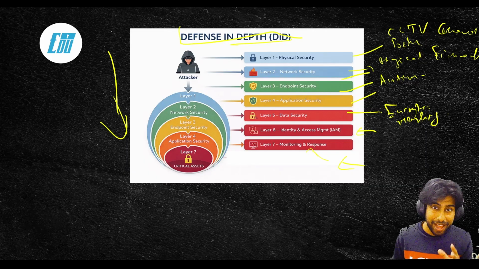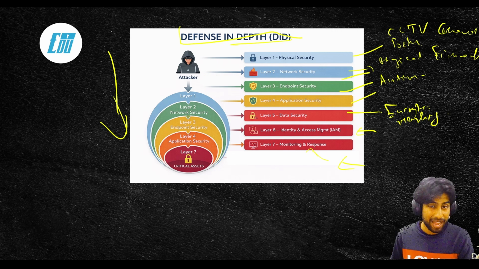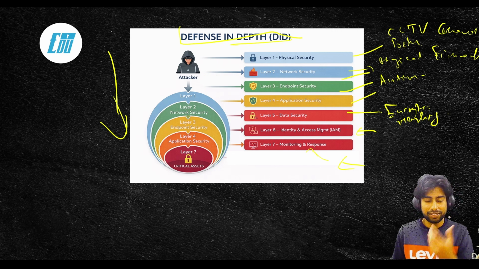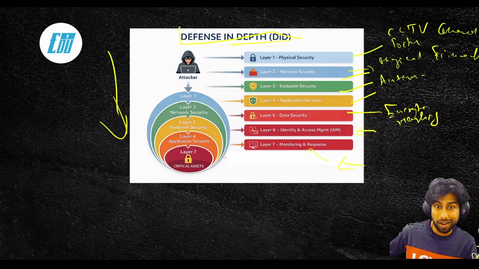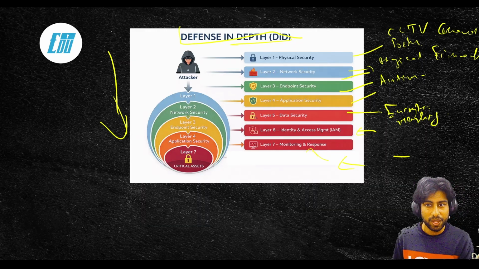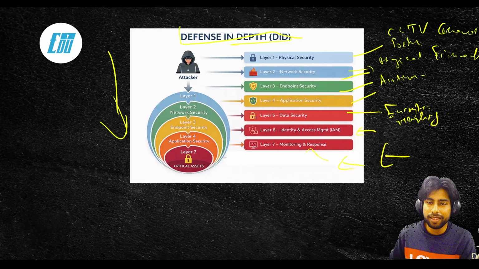I will see every guy passing through, and if I find any anomalies, any mishappening, I will respond to it. It's just like the endpoint kind of guard, and this is very important. It's basically layer to layer there is defense. That's the thing, defense in depth, layer to layer, multiple layers.